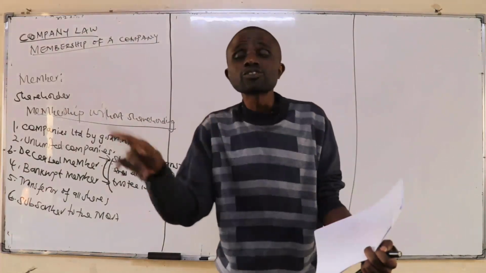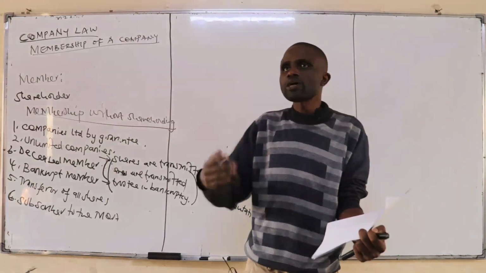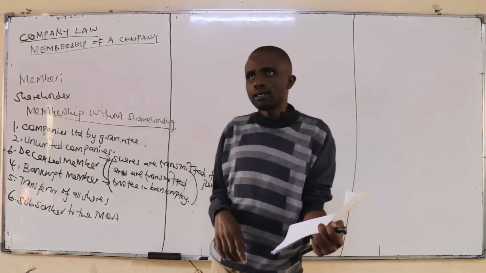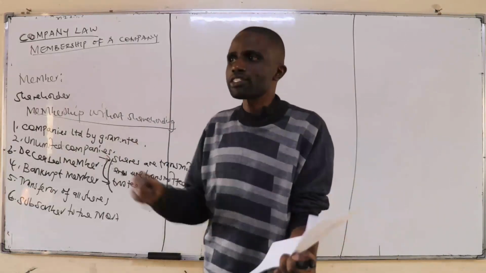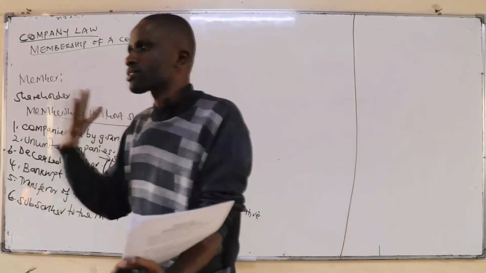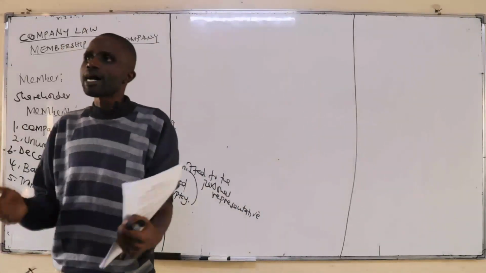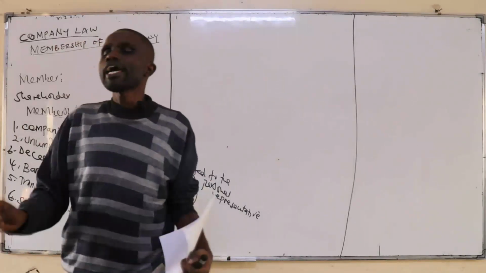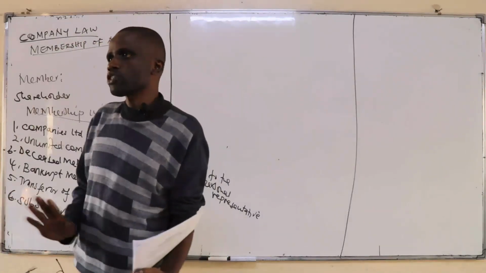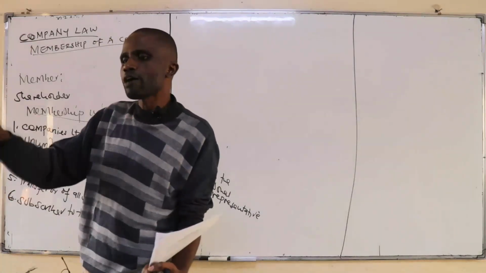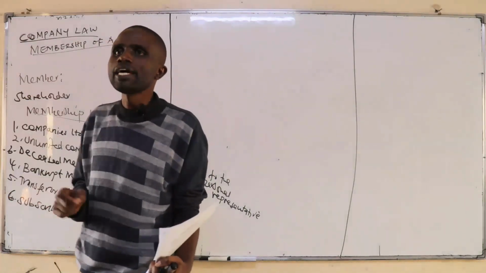And by subscribing to the memorandum of association, before you acquire the company's shares, you are a member but not a shareholder. If X, Y, and Z subscribe to the memorandum of association to come together to form this company, you automatically become a member.